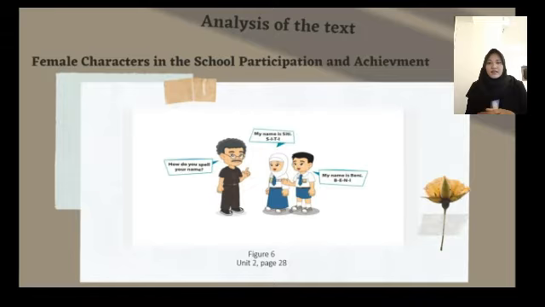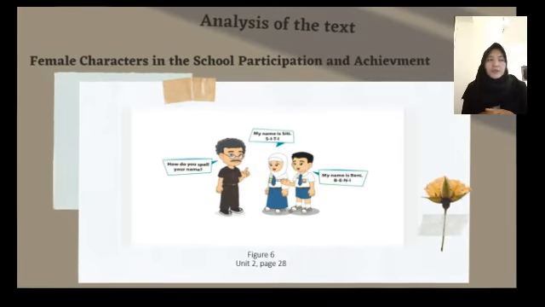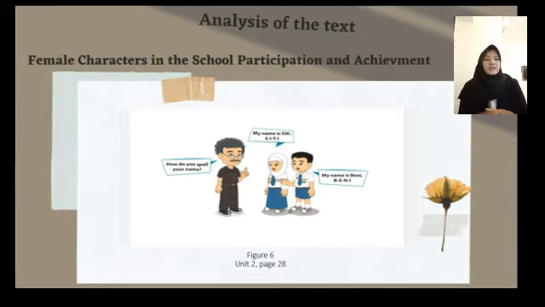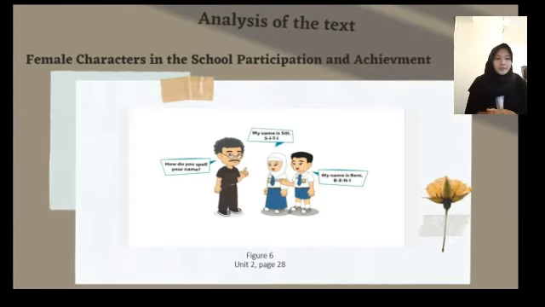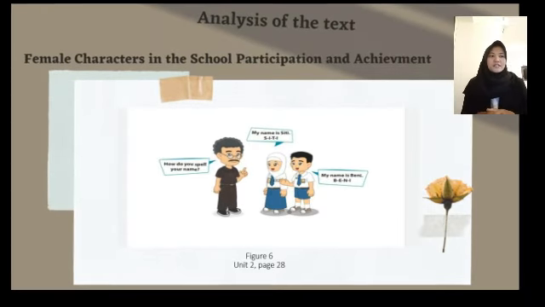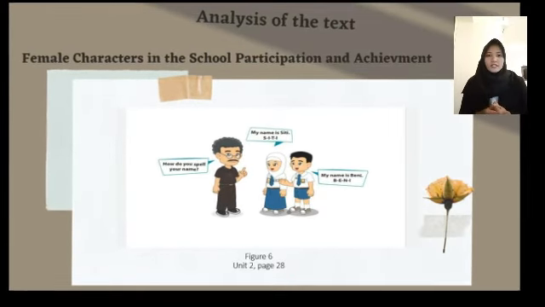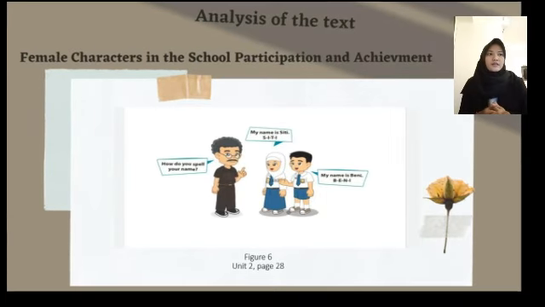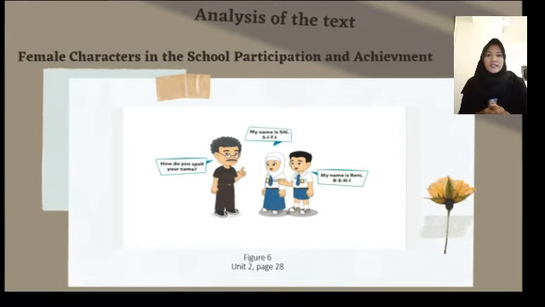Analysis of the text in the context of school participation and achievement. In Figure 6, Unit 2, page 28, the female student gets her participation in the school.